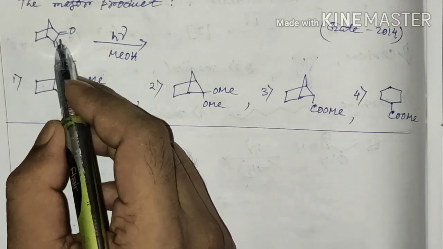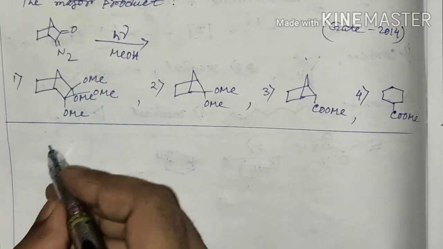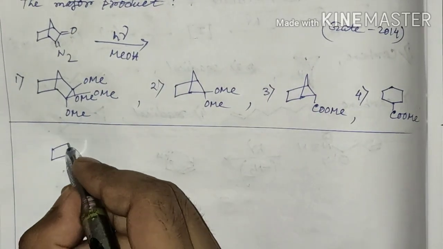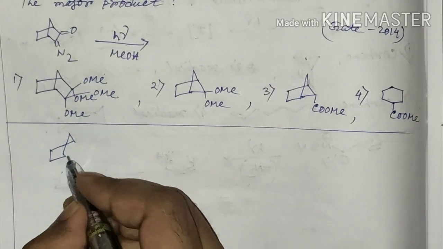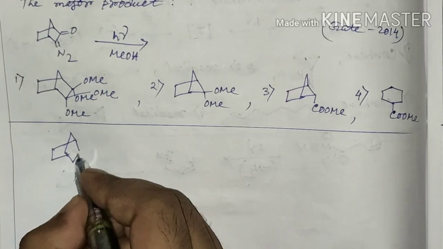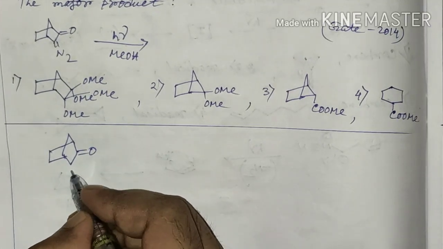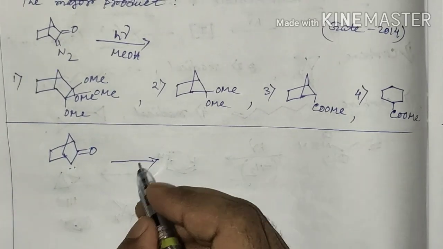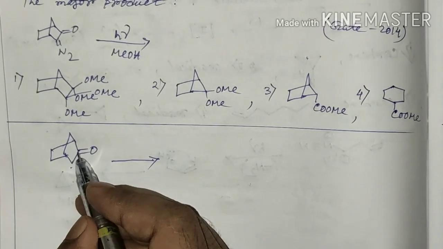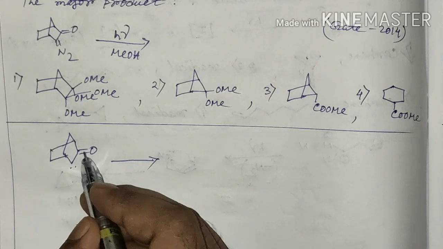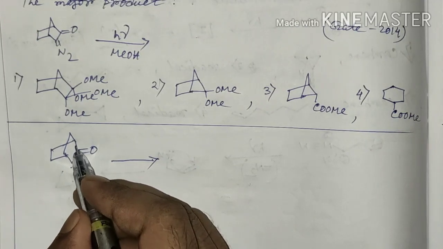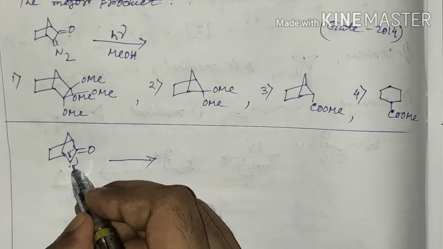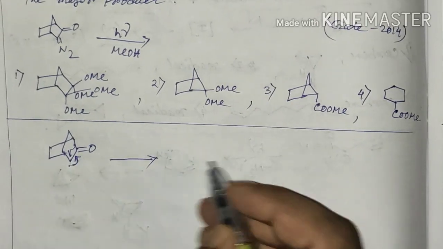Now this is a diazo-keto compound and under photochemical conditions it will form the corresponding carbene, and this carbene will undergo Wolff rearrangement, that is, the carbon-carbon bond attached to this carbonyl group will be cleaved and will form a bond here, and this carbene will form a double bond here.